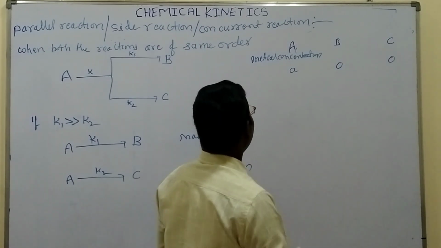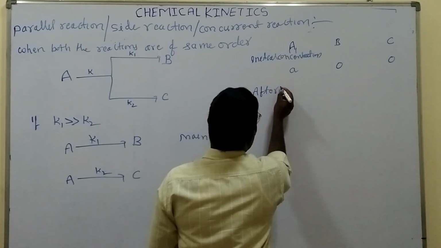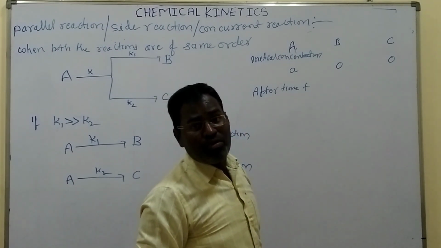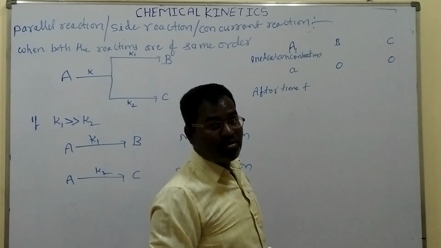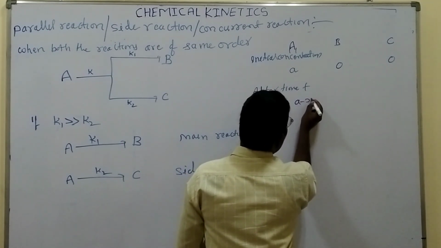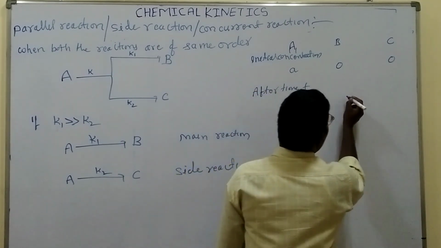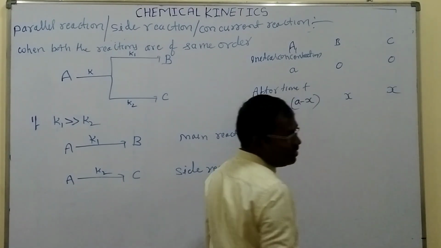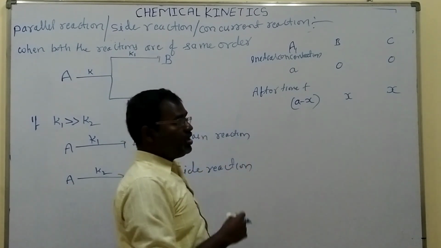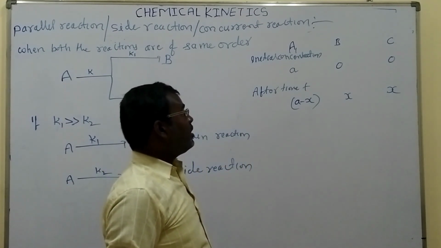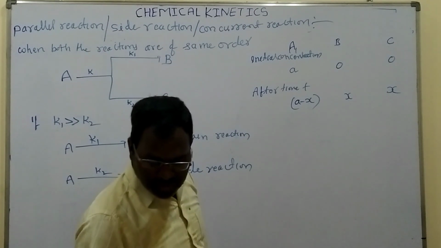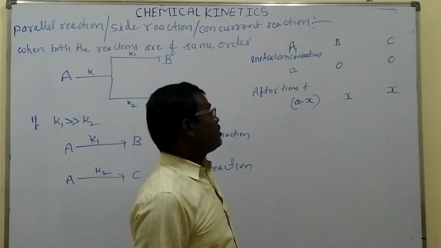After time t, X moles per liter of A is transforming into B and C. So the net concentration of A is a minus X moles per liter, whereas B and C are X moles per liter each. This is the concentration of reactants A, B, C after time t.